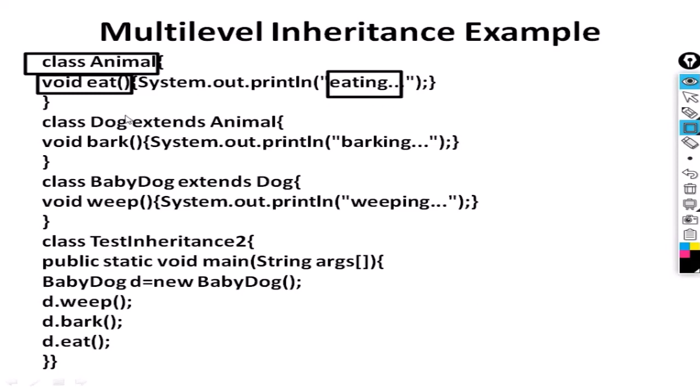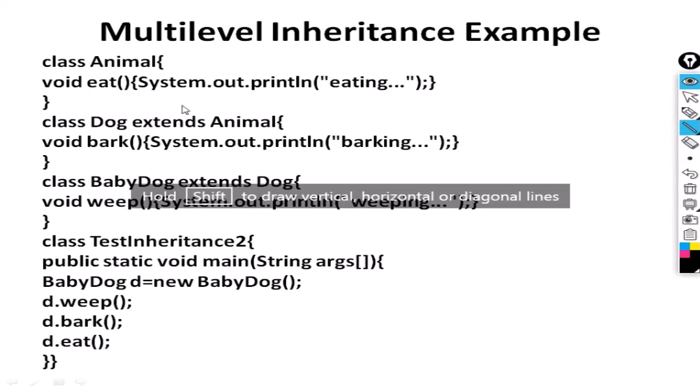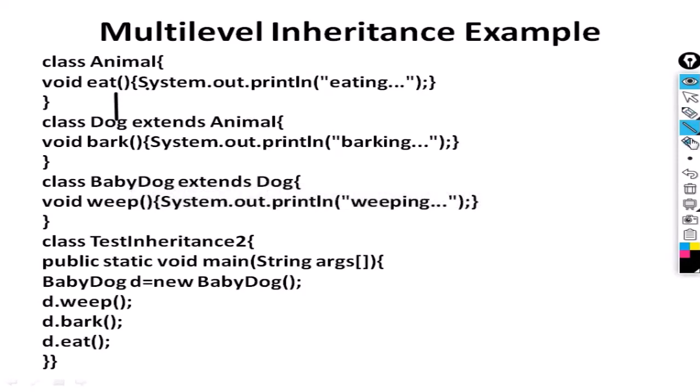Similarly, dog is a class which should have some relationship with the animal class. That relationship is extends. Extends is a keyword which holds the relationship between animal and dog, giving an is-a relationship. Now it is going to print the message barking.